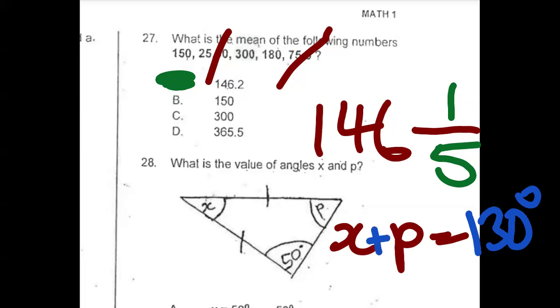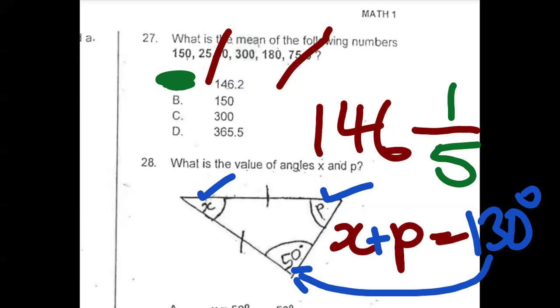So this plus this should be 130. When you add that to that, the whole thing becomes 180. So that's what we should expect. So let us scroll down and see what they say.